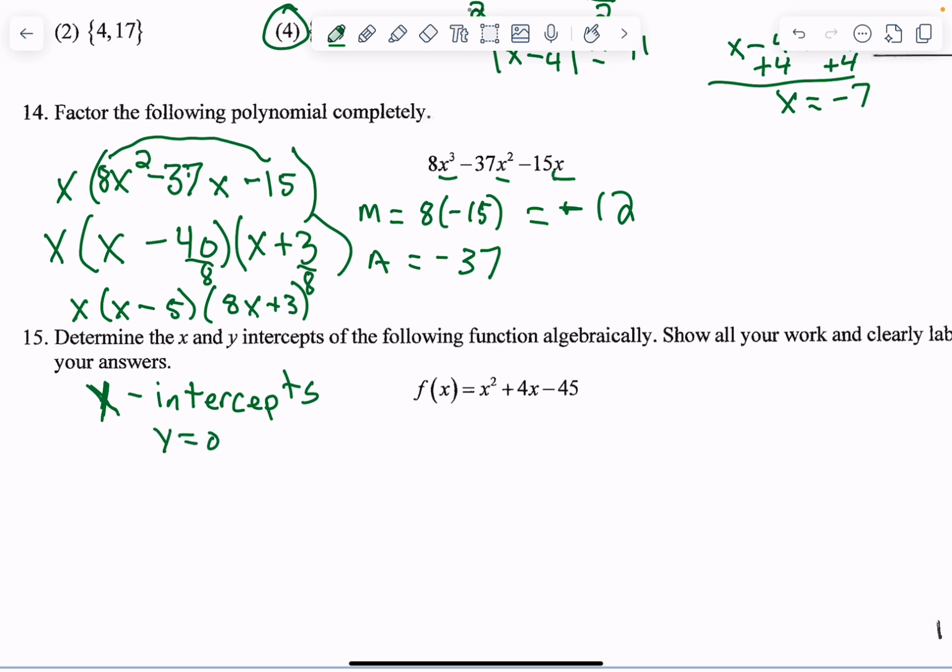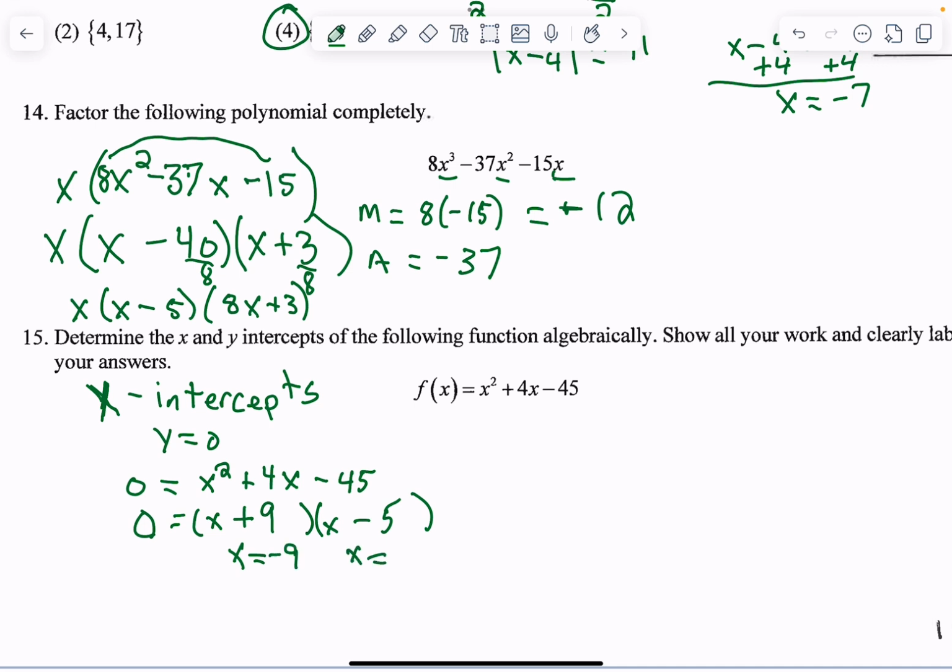So f of x is y, so 0 is equal to x squared plus 4x minus 45. And then we could factor this, an x plus and an x minus. And these two factors are 9 and 5. So I get x is equal to negative 9 and x is equal to 5.